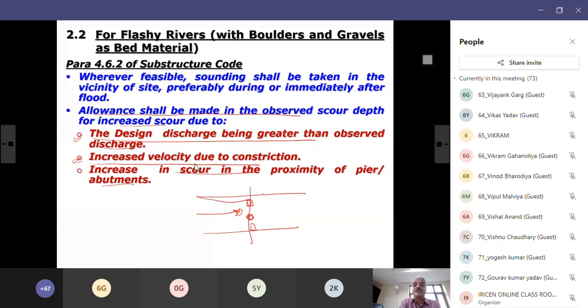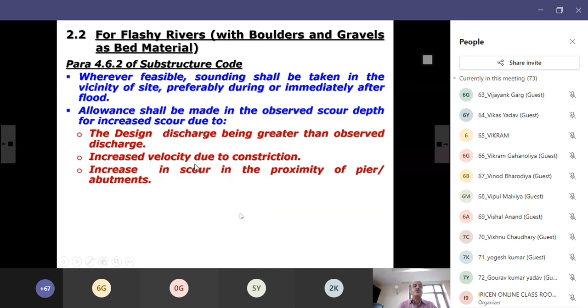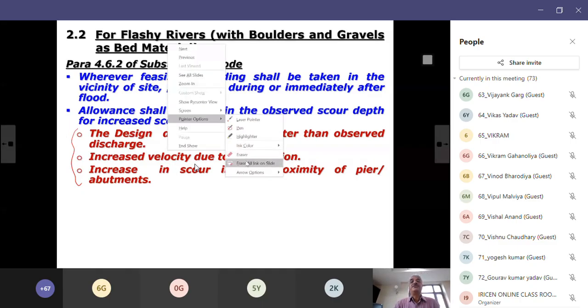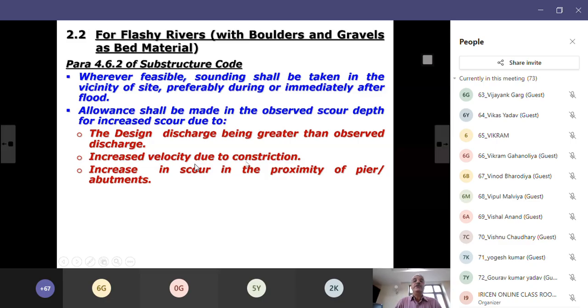In addition to constriction in waterway, piers and abutments present a physical hindrance in the flow of water. Taking into account all these effects, you apply them over the observed scour, and that will be your maximum scour depth. This is how it is done for such rivers. Now a river can have a hard bed; if it is, let us say, a rocky bed, there will be hardly any scour.